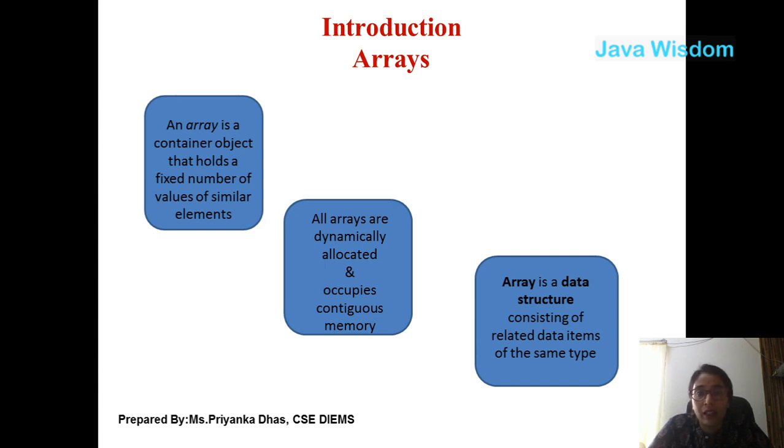And second thing, whenever an array gets memory, it is in a contiguous pattern, means it will get continuous memory blocks in the memory area. Third point is an array consists of a similar type of data, and once the size of an array is fixed, then you cannot add an extra element into an array.